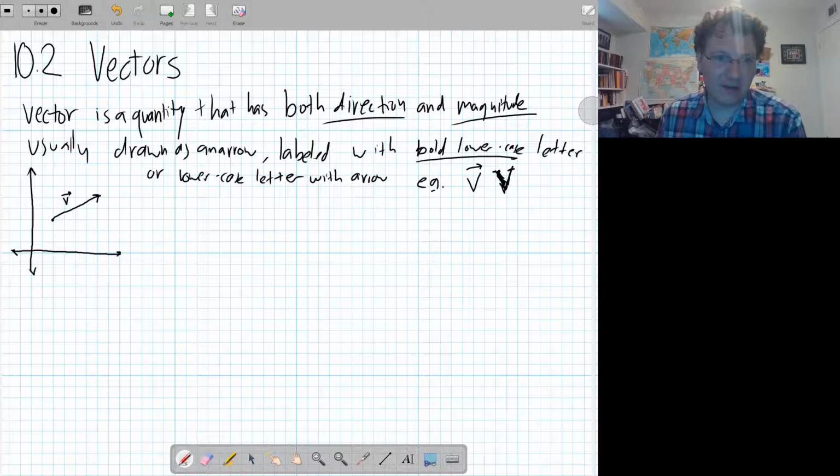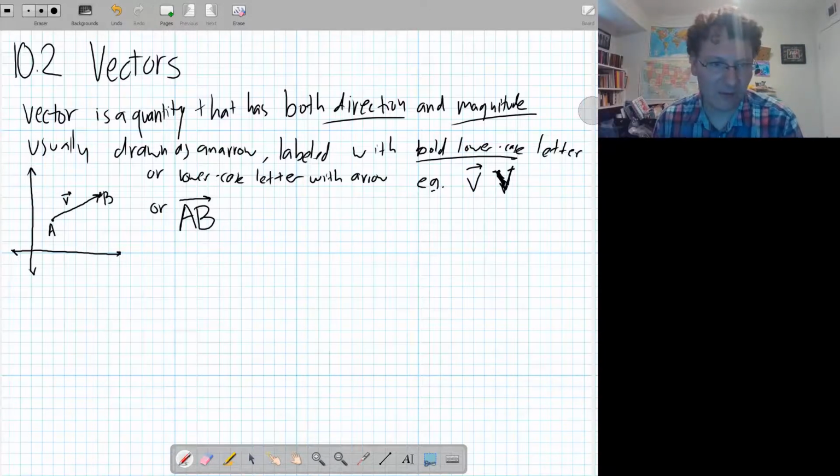If a vector is representing the movement from location A to location B, we might indicate it with the starting and end points. If you have labeled the starting point and end point A and B, we would indicate it with capital AB with an arrow over top.